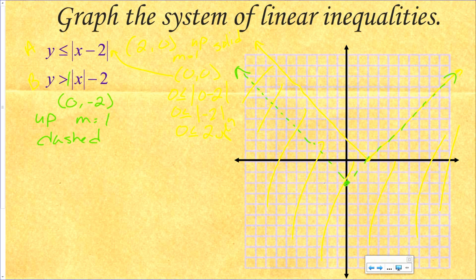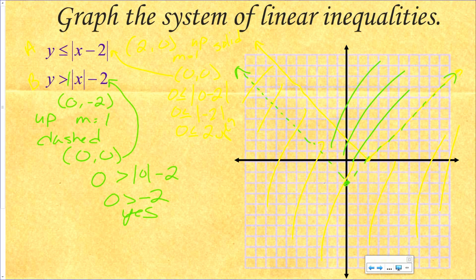So I want to pick 0, 0. I'm going to plug it into this equation this time. 0 is greater than the absolute value of 0 minus 2. Is 0 greater than negative 2? Yes, it is.